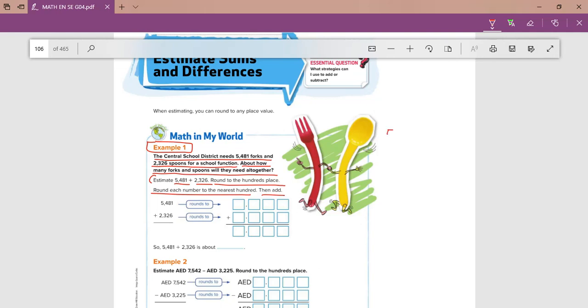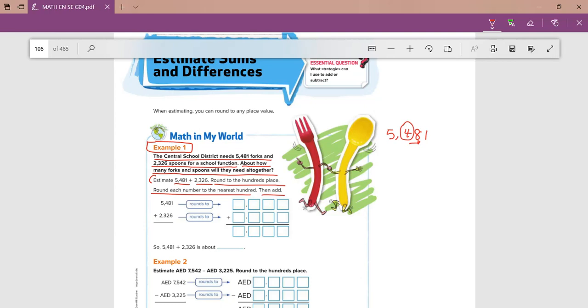We have 5,481. To round to the hundreds place, you need to identify which digit is in the hundreds place, and that is 4. Then you go to the right. What is the next number? That is the next to 4. It is 8.